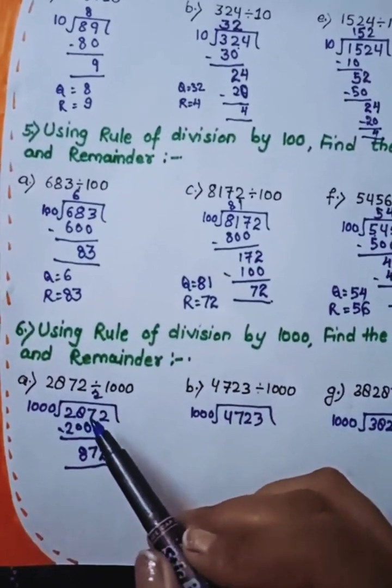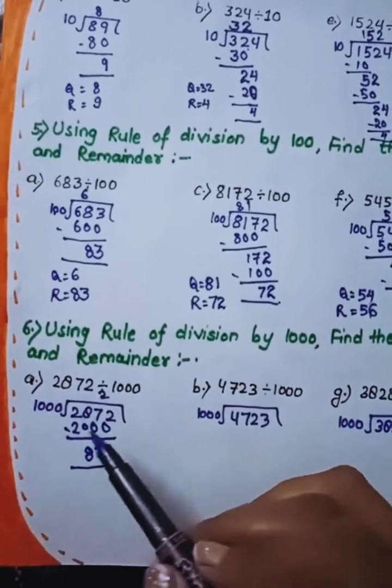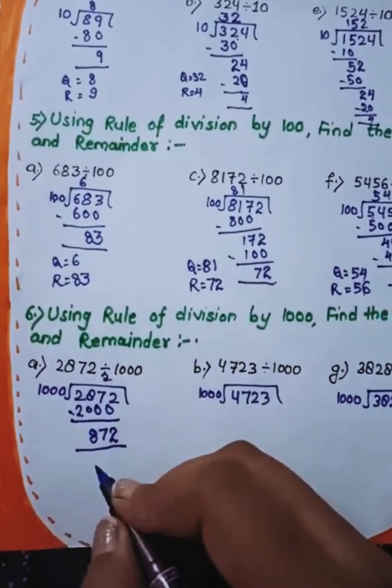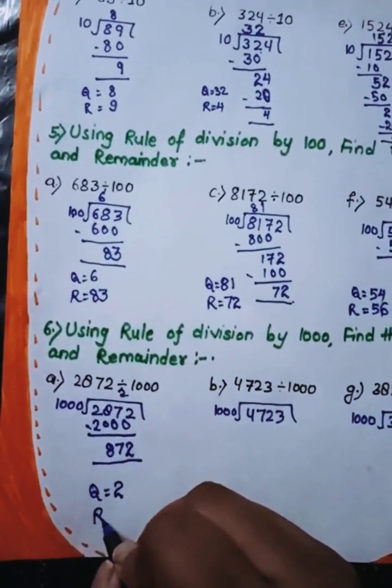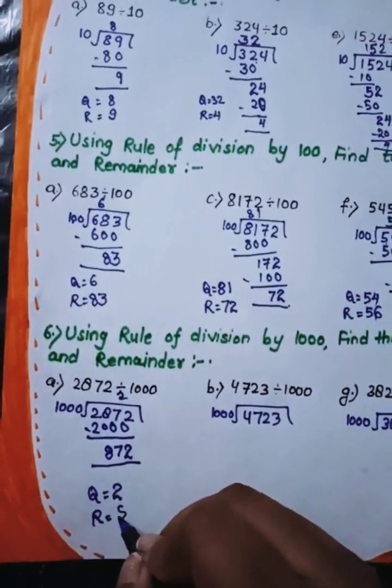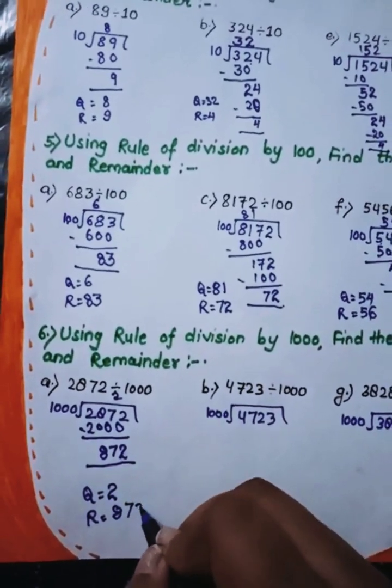The rest, the ones, tens and hundreds place digits, will be there in the remainder part. Now let us write down. Q is equal to 2 and remainder is equal to 872.